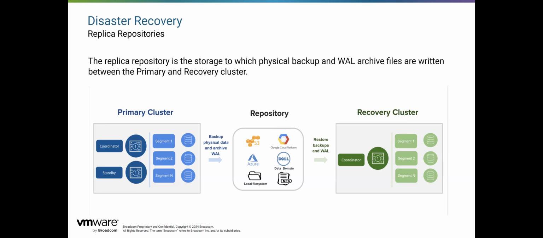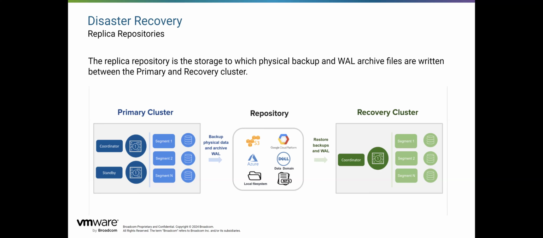The archive is a middle point, and this really creates stability, because when you're looking at replicating a 1,000 segment Greenplum to a 1,000 segment Greenplum over a wide area network, with choppy networks, having this middle tier, which is where the archive writes to, and the archive could be writing to S3 or GCP, or Azure and Data Domain or even NFS, this creates a very stable way to replicate.